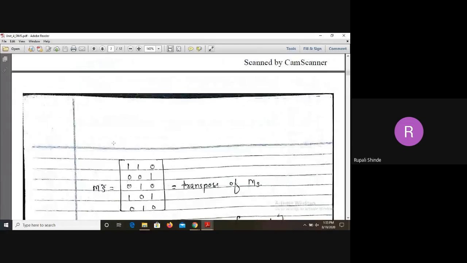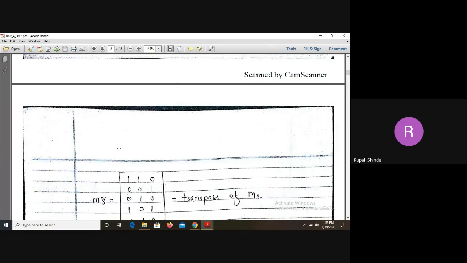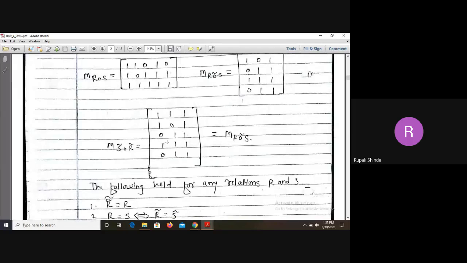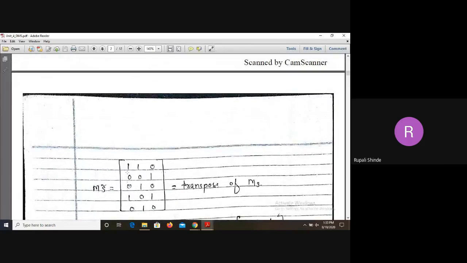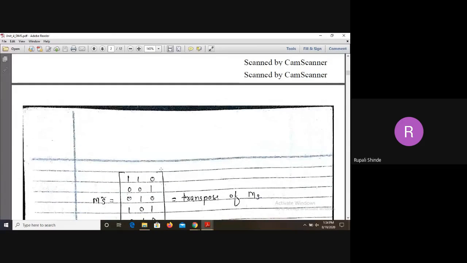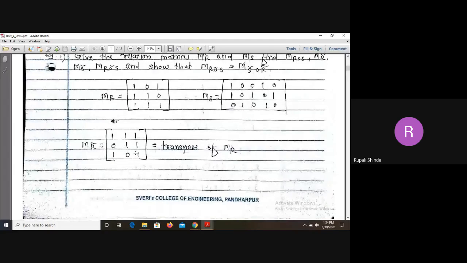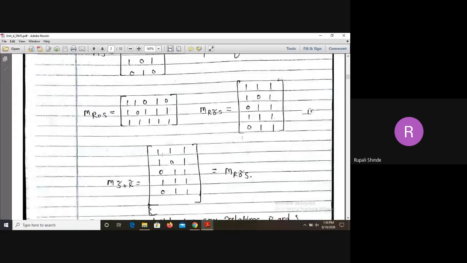Check here: the first row is 110 and the first column is 101. So what would be the value in the final matrix? It is 1. Again, the first row 110 and the second column 110. Again its value is 1. That is given here, 1 1, the first two values.